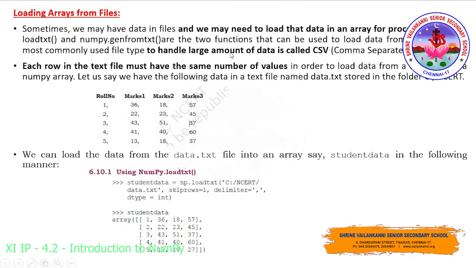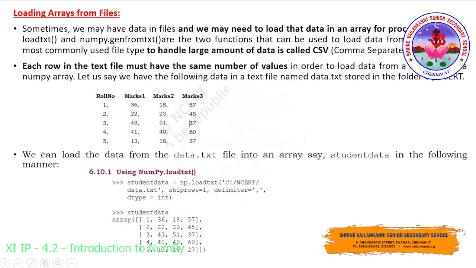That is what we are going to see now: how to load files into a NumPy array, and how to process the data once it is loaded. To do this, we make use of the functions numpy.loadtxt and numpy.genfromtxt. By using these two functions, we can load data from a text file.